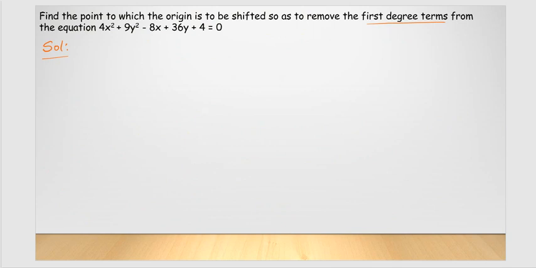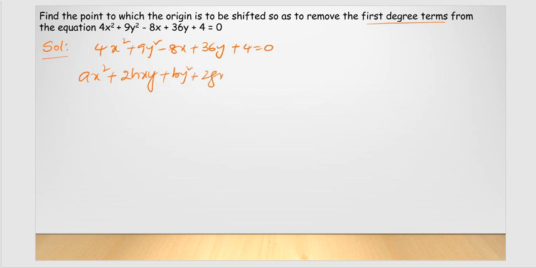Now let us see this. What is the given equation? 4x² + 9y² − 8x + 36y + 4 = 0. Now write down the second degree equation that you have done earlier: ax² + 2hxy + by² + 2gx + 2fy + c = 0.